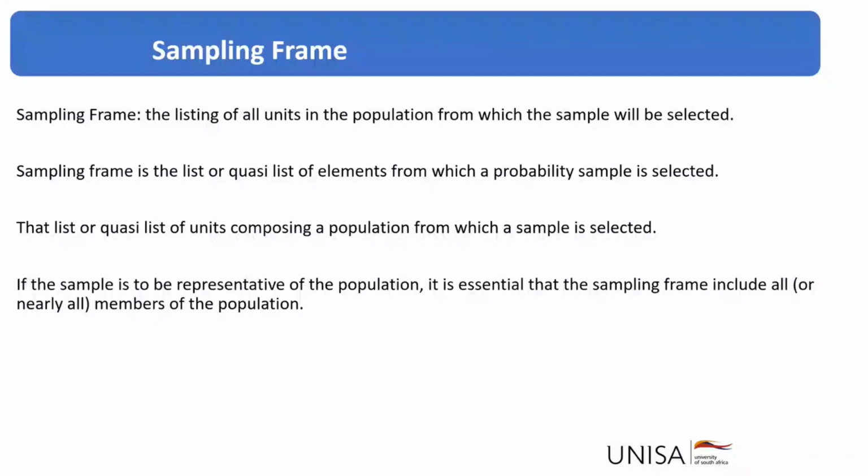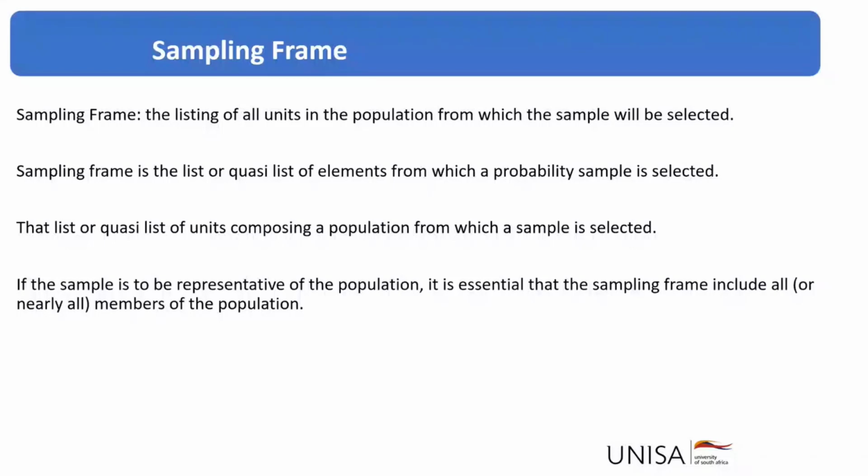So you go to a population and list all those units from which you are going to select your sample. If, for instance, you are going to focus on schools, you ask what units in the population characterize a school, in order to come up with a sample that you will then select.